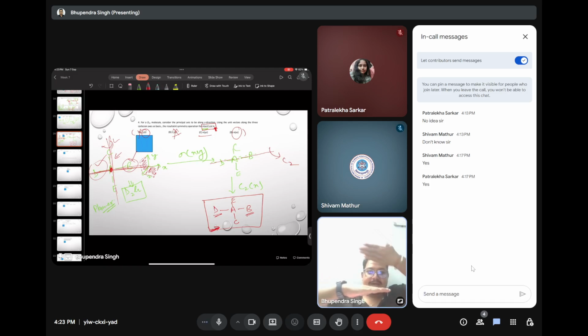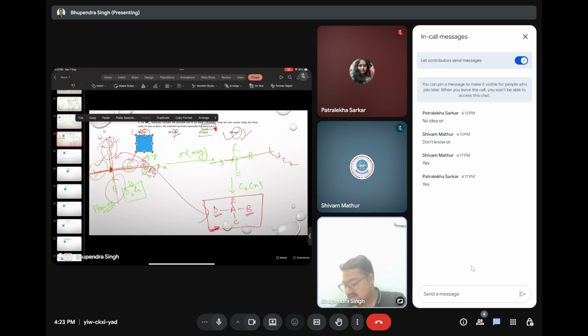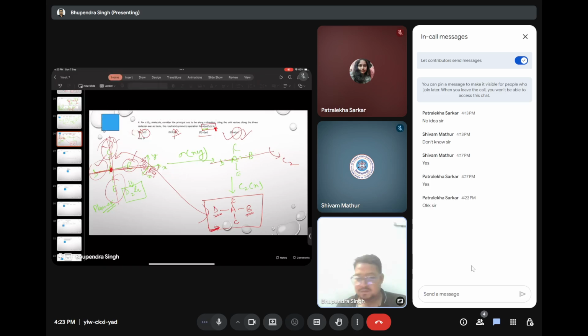XZ is this plane, YZ was that plane. By applying this, these two will change their position, and you will get a similar orientation of the molecule. So this should be your answer. Yeah, D is the answer. Okay, both of you got it.